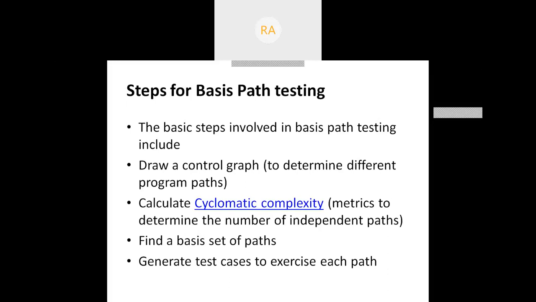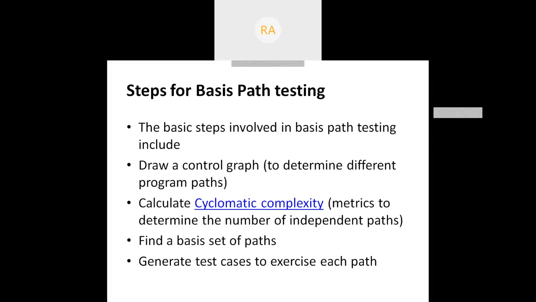After that, you will compute the cyclomatic complexity. We'll study in a later slide how to compute cyclomatic complexity. The cyclomatic complexity will give you the number of independent paths in the source code. Then you will form the set of paths.